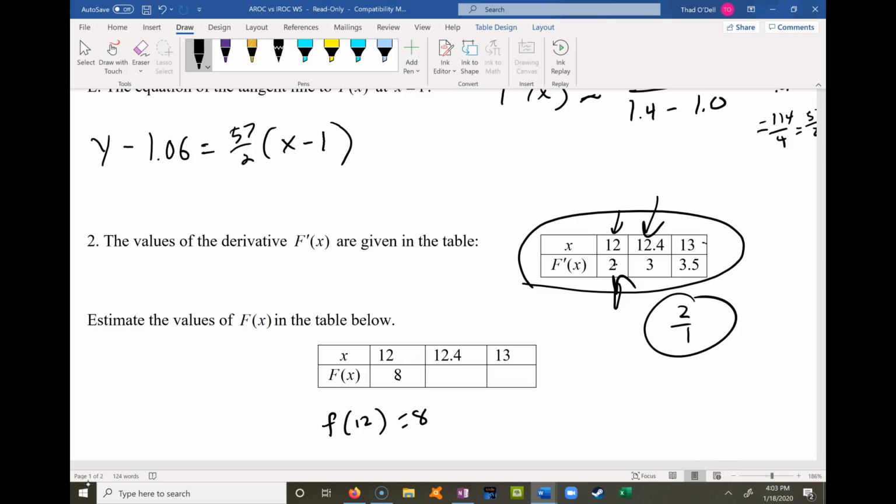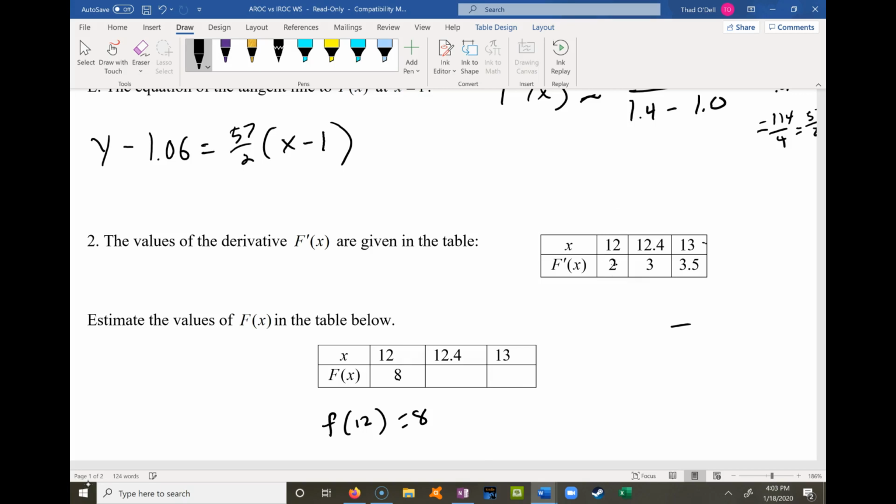So if we're going to use that to estimate it, that would tell me that this would be 10, wouldn't it? If I'm just basing it off of that number right there. Because it says if I go over 1, I should go up 2. So I went over 1, which means I should go up 2. Okay? But we're not going to do that because we actually have even better information.